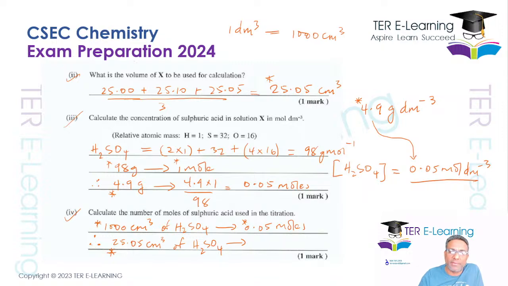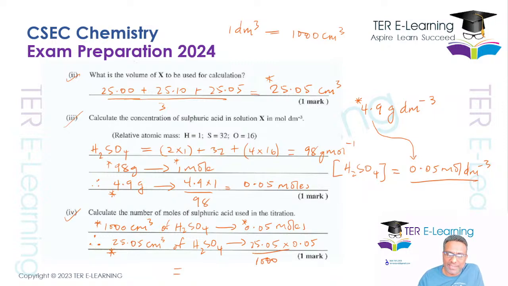So this is going to be 25.05 multiplied by 0.05, and you're going to divide that by 1000.